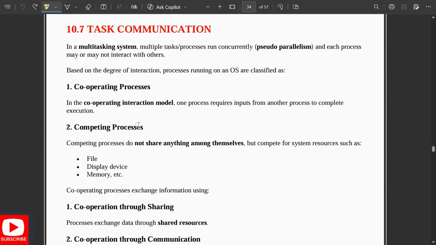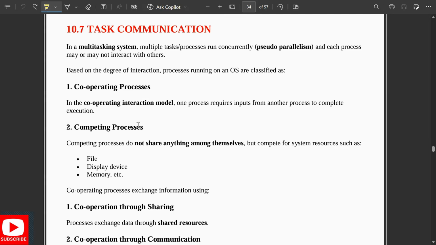In a multitasking system, multiple task processes can run concurrently, and each process may or may not interact with each other. Based on the degree of interaction, the processes running on an OS can be classified as cooperating processes and competing processes. Cooperating means one process requires inputs from another process to complete execution.